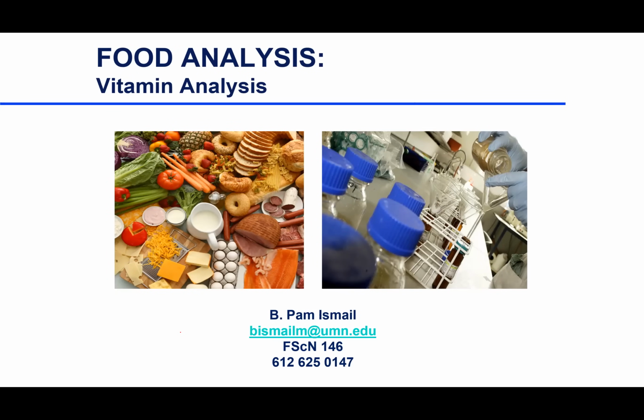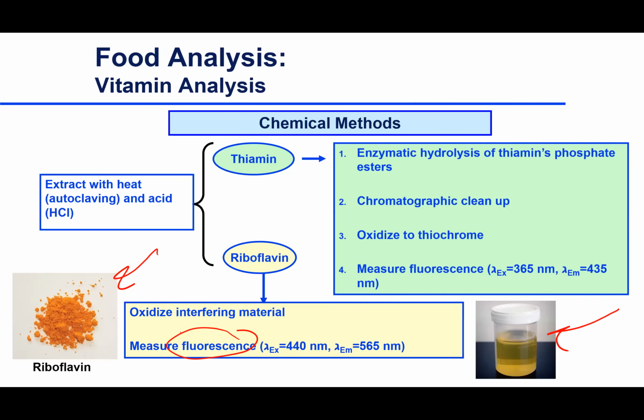I actually had none. So at this point, the main point on this particular slide is that for thiamine, as I mentioned, you need to hydrolyze the diphosphate off of it, because that's the way it's present in foods, as thiamine diphosphate. So you need a phosphatase that can remove that diphosphate group.